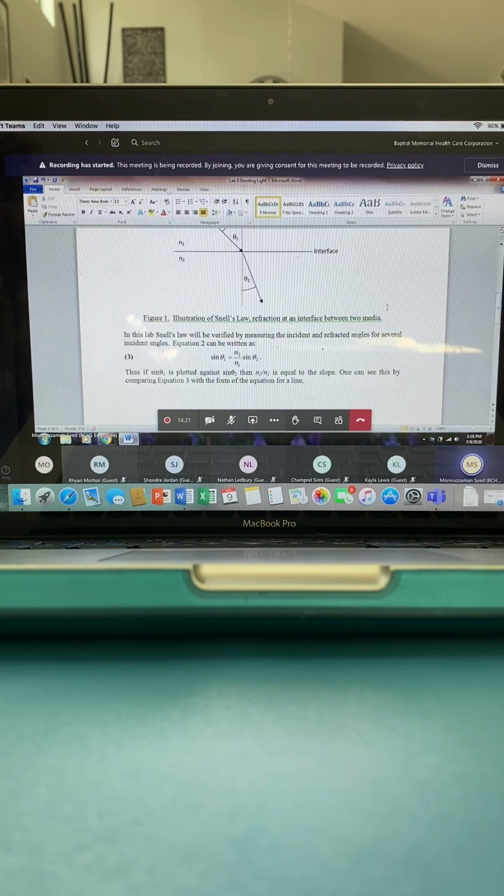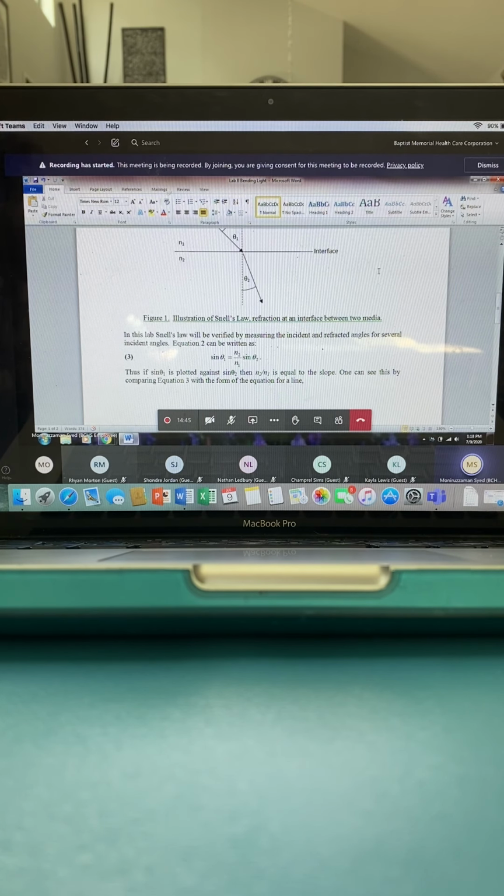I think everybody took math, so m is the slope, which is equal to y over x, right? Using that formula, you can calculate N2 over N1, and that should be the slope. That slope value you can measure by fitting the curve. How do you fit the curve?